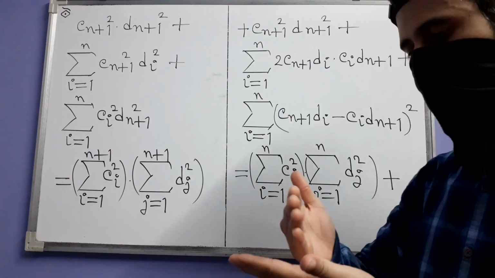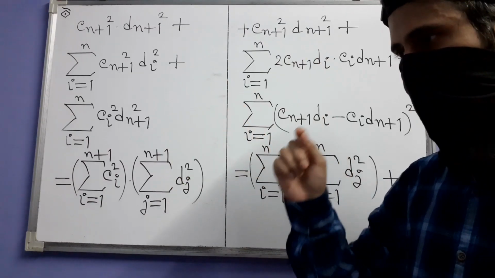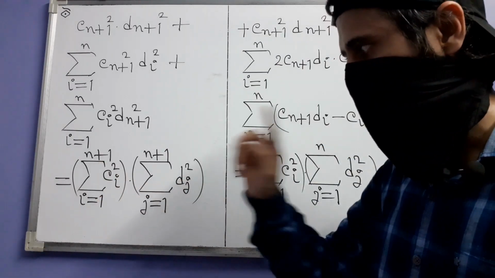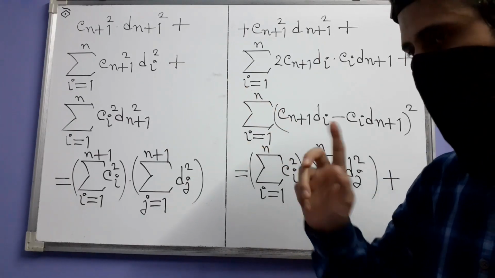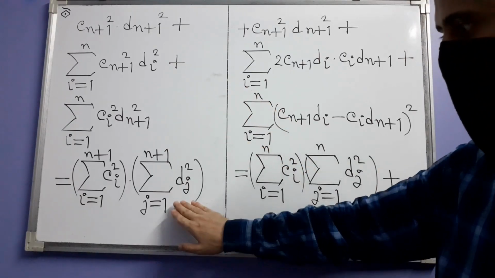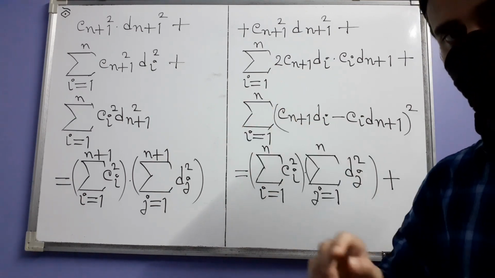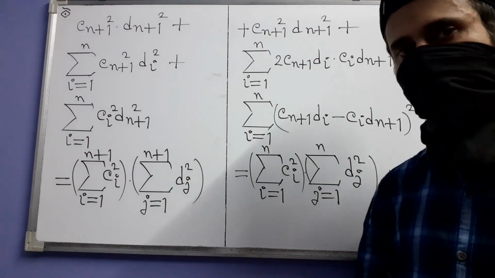In the first part you only consider the i values from 1 to n, and in the second part only i equal to n plus 1. That means you are writing summation c_i squared where i goes from 1 to n plus c_{n+1} squared. Similarly you do this one also, summation d_j squared where j goes from 1 to n plus d_{n+1} squared, and then you do multiplication.